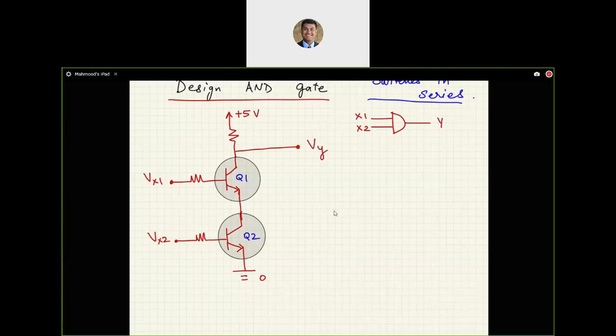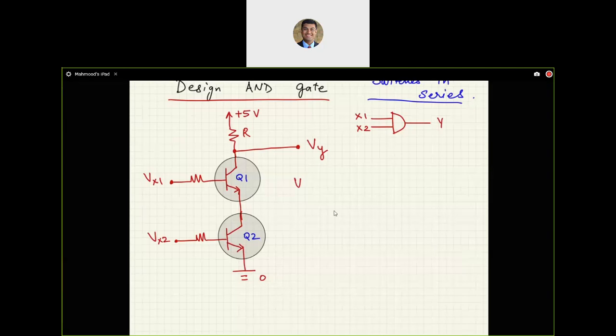So I've placed switches in series, transistors in series, and right now I think that this will work as an AND gate. Let's see if it does. And I'm still pulling the voltage up to 5 volts using the pull-up resistor. Say this is R. All these resistors can be 1 volt for our discussion. Let's analyze this circuit.